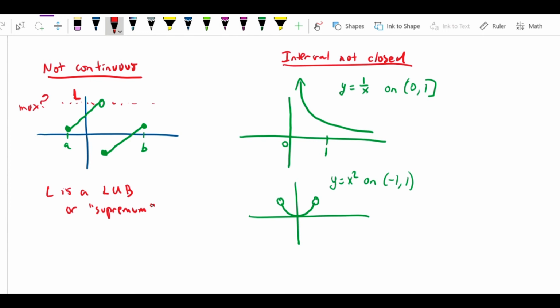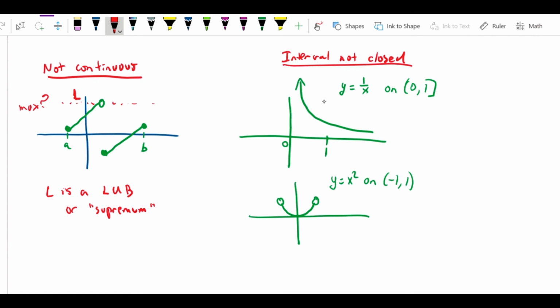The fact that it's possible for this function never to attain any maximum is made possible by the fact that the function is broken. It's not continuous. On the right, we have an example of why the other condition matters. If the interval is not closed, and this interval here is not closed because in order to be closed it has to include both of its endpoints, not just one of them, then look what can happen.